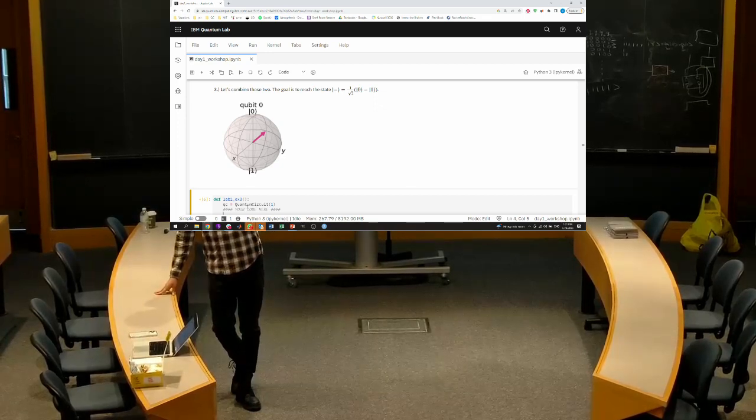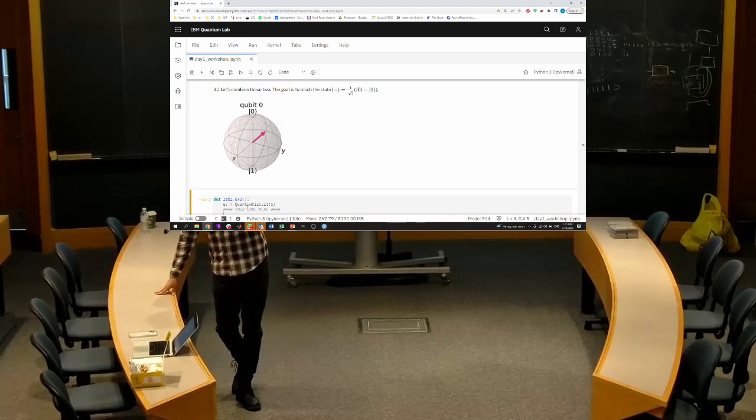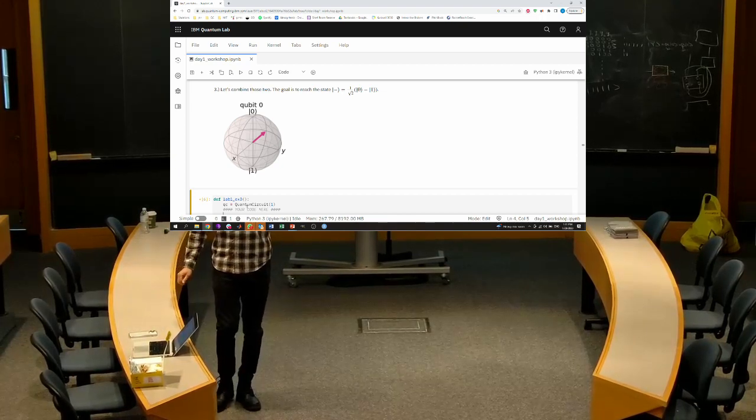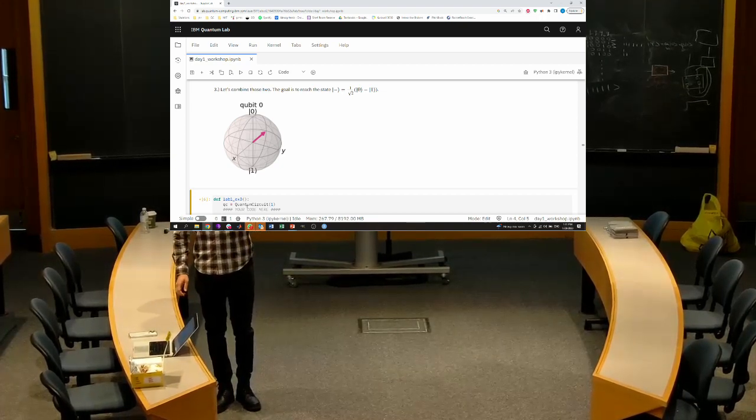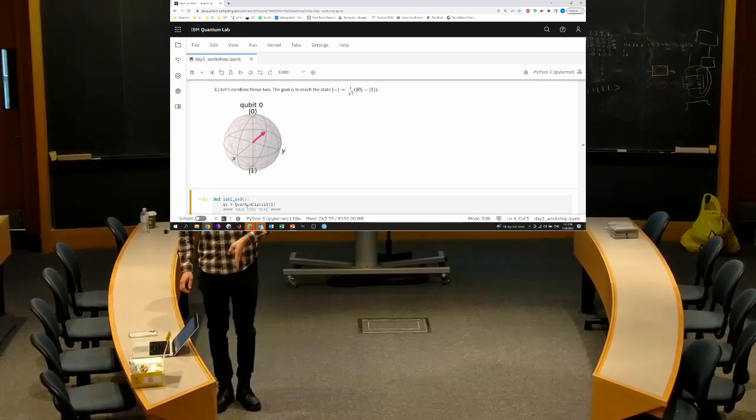I'll give you an example. The first experiment that kind of showed this, the way they discovered that atoms or electrons have spin, was called the Stern-Gerlach experiment. You can think about it the same way. You have a magnetic field going in the z direction, pointing up, right?